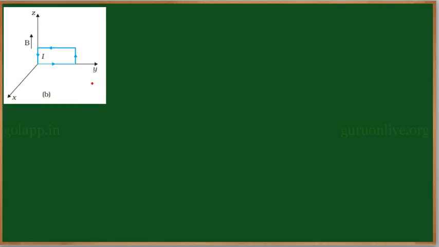Now come to the second picture. In this also the magnetic field is acting towards the z-axis. Though the coil is put in a horizontal way, the current direction does not change. So it is moving in anti-clockwise direction, and the normal vector, that is area vector, is towards the x-axis only. So the magnetic field direction and area vector direction are not changing, and the result also does not change.